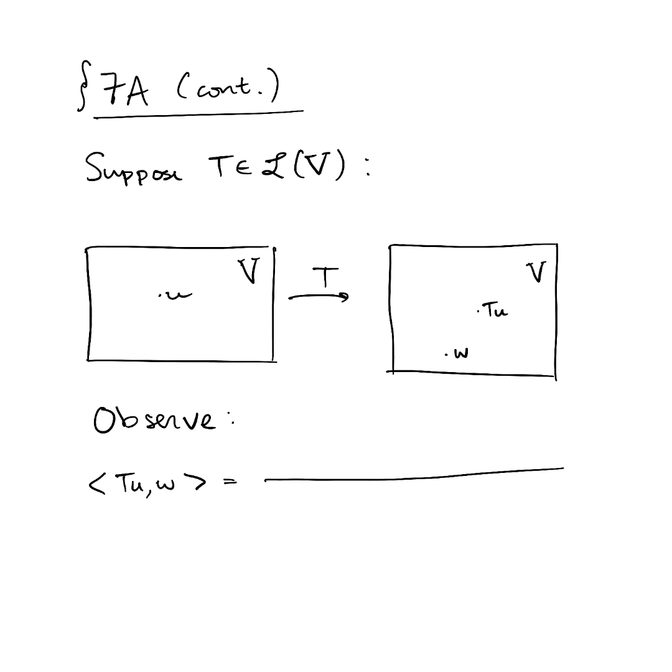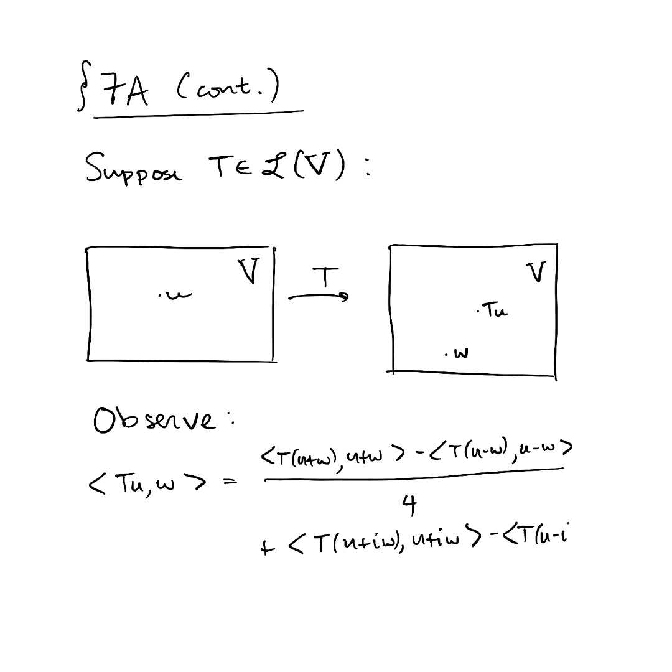TU inner product W is the same as T acting on U plus W, inner product U plus W, minus T acting on U minus W, inner product U minus W, all over 4, plus inner product T acting on U plus IW with U plus IW, take away inner product of T acting on U minus IW with U minus IW, all over 4, all times I.